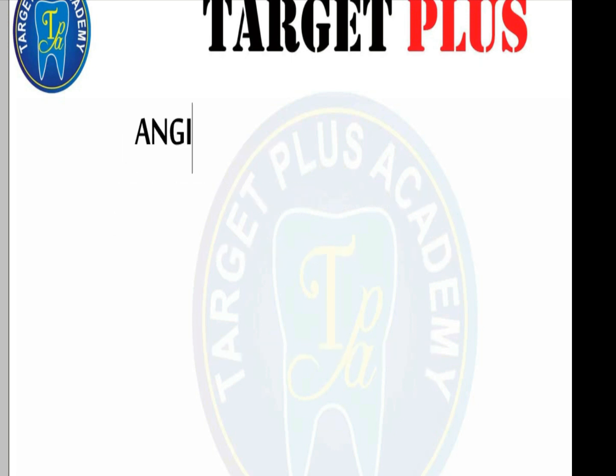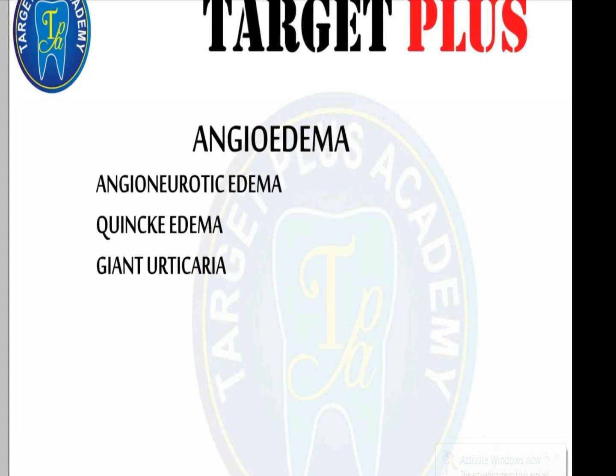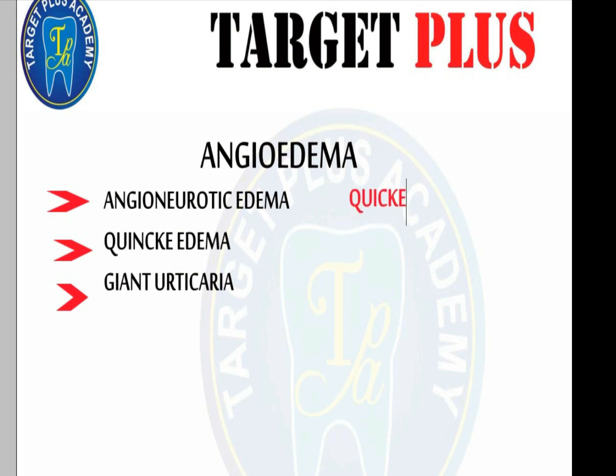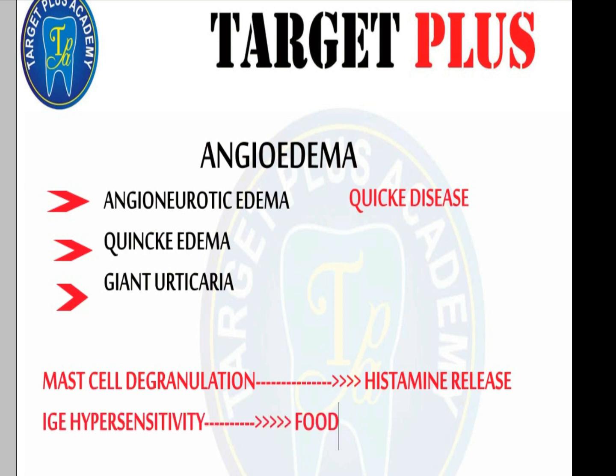Now next comes the angioedema. It is also known as angioneurotic edema, Quincke's edema or giant urticaria. Now Quincke's edema is other name of angioedema. The most common cause is mast cell degranulation that leads to histamine release and typical clinical alteration, that is IgE mediated hypersensitivity reaction, that can be caused by drug, foods, plants, dust and inhalants that produce mast cell degranulation.